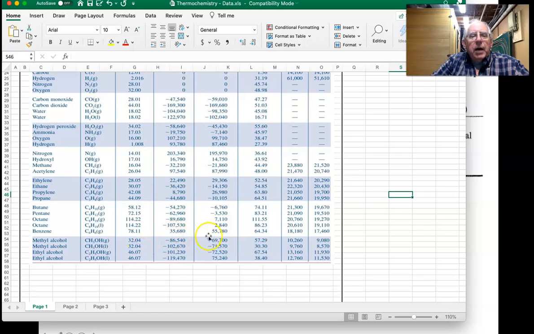Again, keeping in mind that these are on a per mass basis, a per kilogram or pound basis. Even though octane itself is a much larger molecule, you see that on a per pound basis, it releases a lot more energy than we see for an ethanol type of molecule.